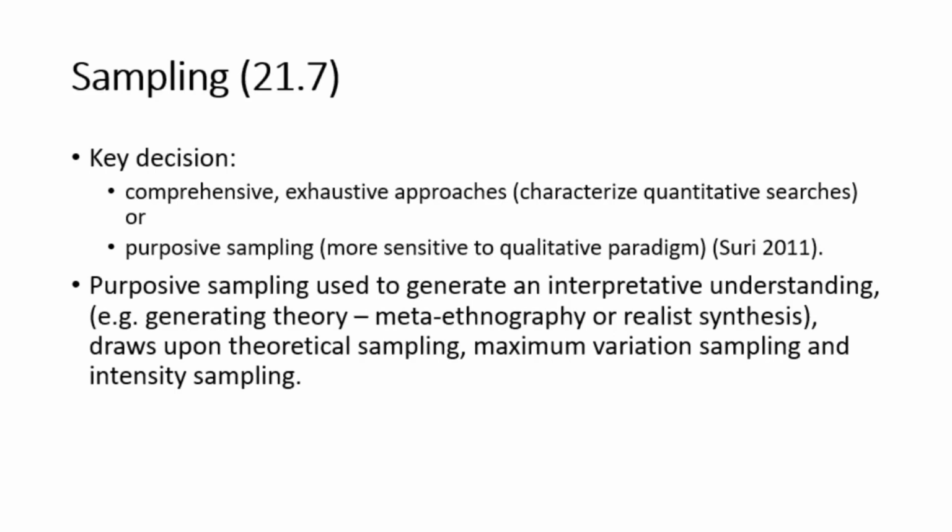The reason for that being that some reviews are more interpretive, and so purposive sampling is more sensitive to the qualitative paradigm. So, for example, you could perhaps have maximum variation sampling where you're looking at very different cases, or intensity sampling where you're looking at very rich cases.